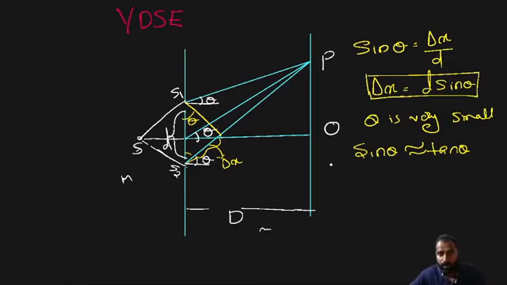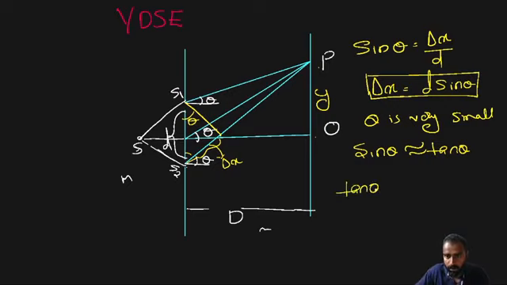From the geometry, considering this triangle, I'm going to find this y. Y means the distance from the central point to this point P. From this theta, I'm going to find the value of tan theta.